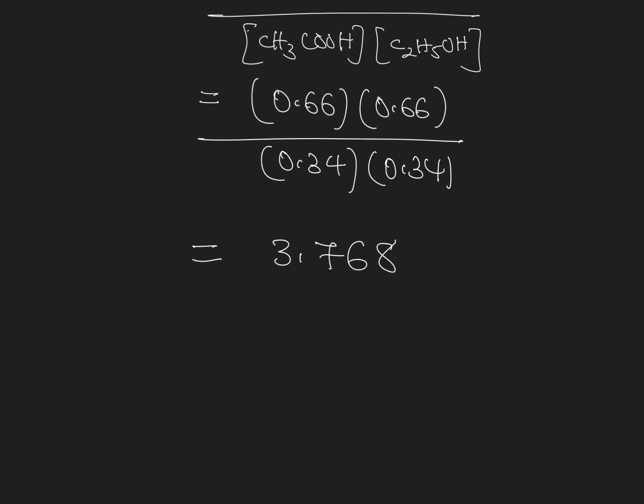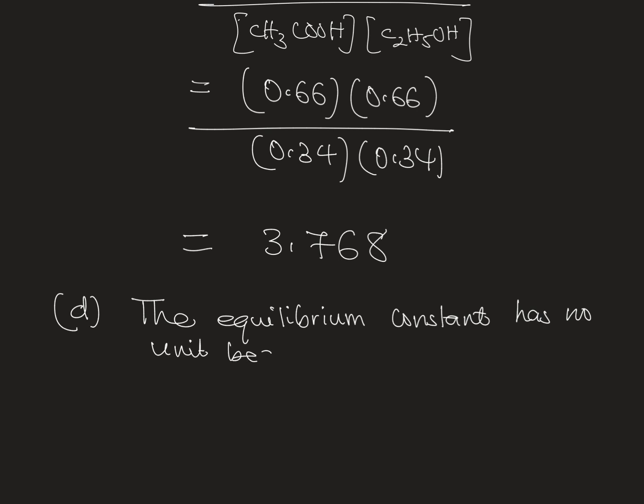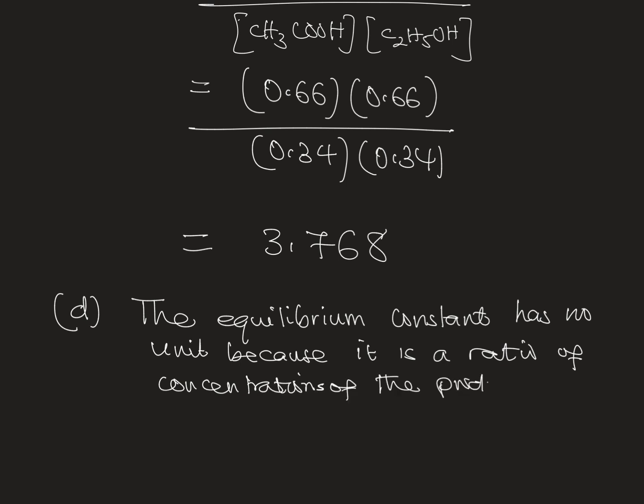And in fact, that is the question that is asked in D. The equilibrium constant has no unit because it is a ratio of concentrations of the products and the reactants.